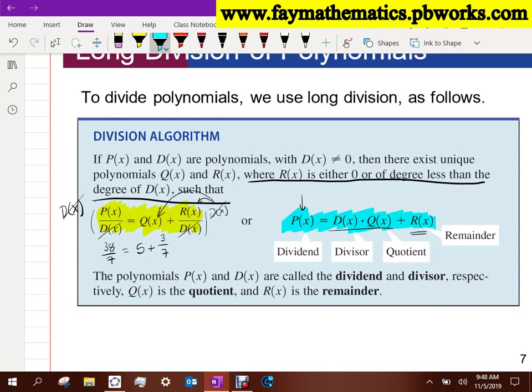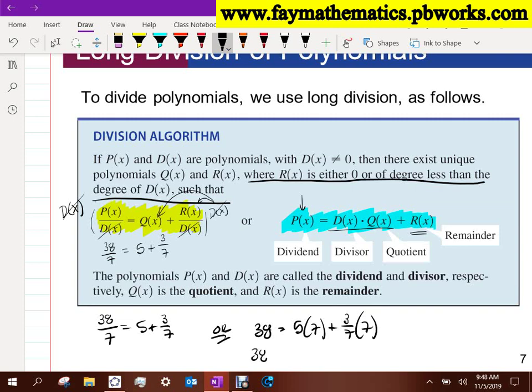So, in regards to our little example here, if I had 38 sevenths is equal to 5 plus 3 sevenths, they're saying that could be 38. Basically multiply everything by that 7, right? So it'd be 38 is equal to 5 times 7 plus 3 sevenths times 7.